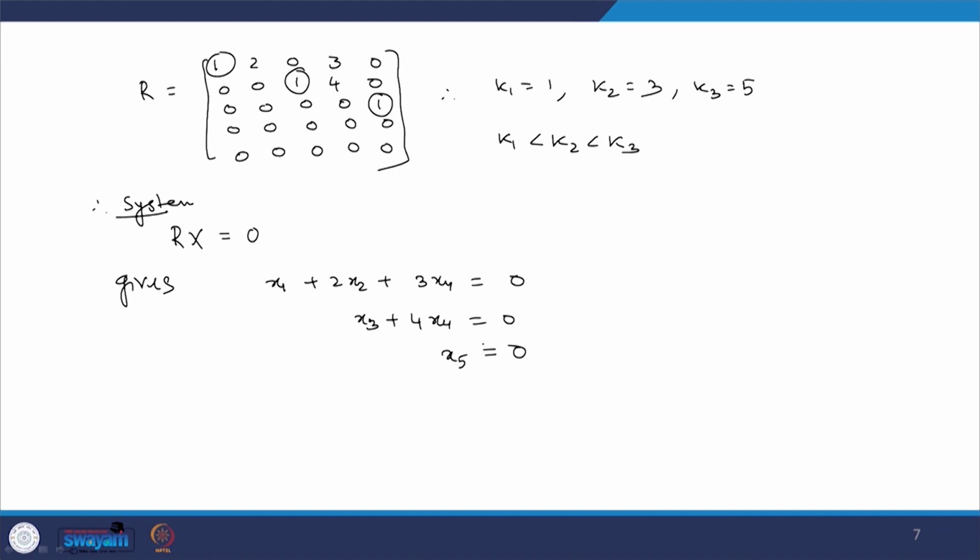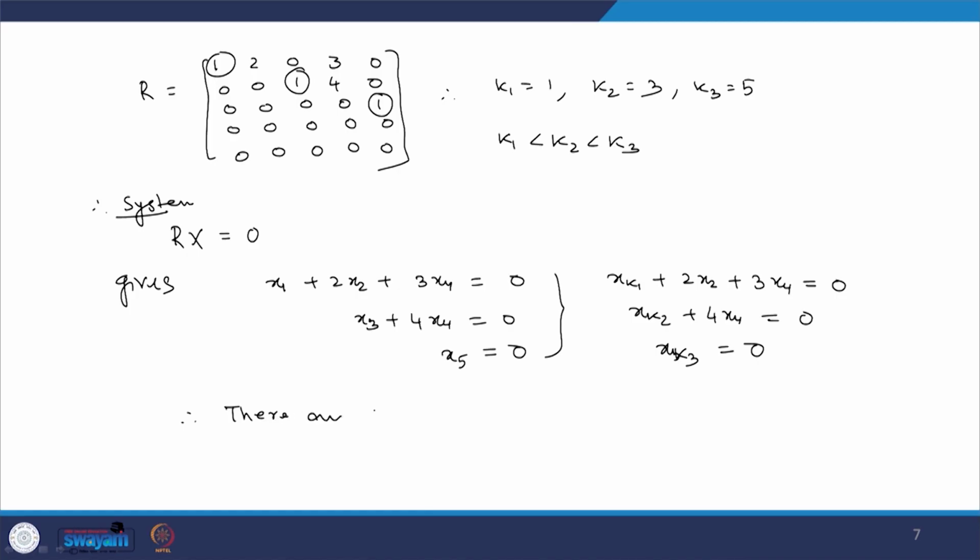So, I can rewrite this as xk1 plus 2x2 plus 3x4 equal to 0, xk2 plus 4x4 equal to 0, and xk3 equal to 0. There are 5 variables: x1, x2, x3, x4 and x5.